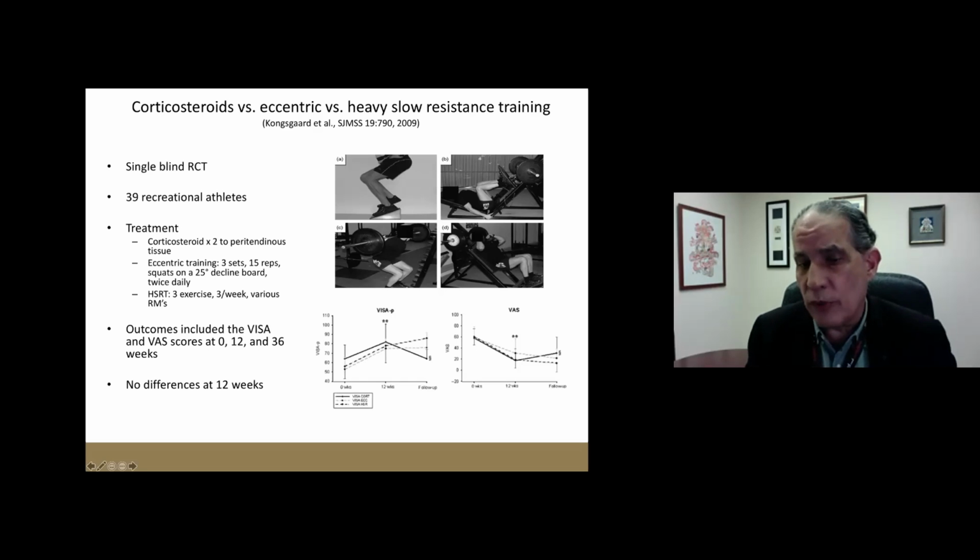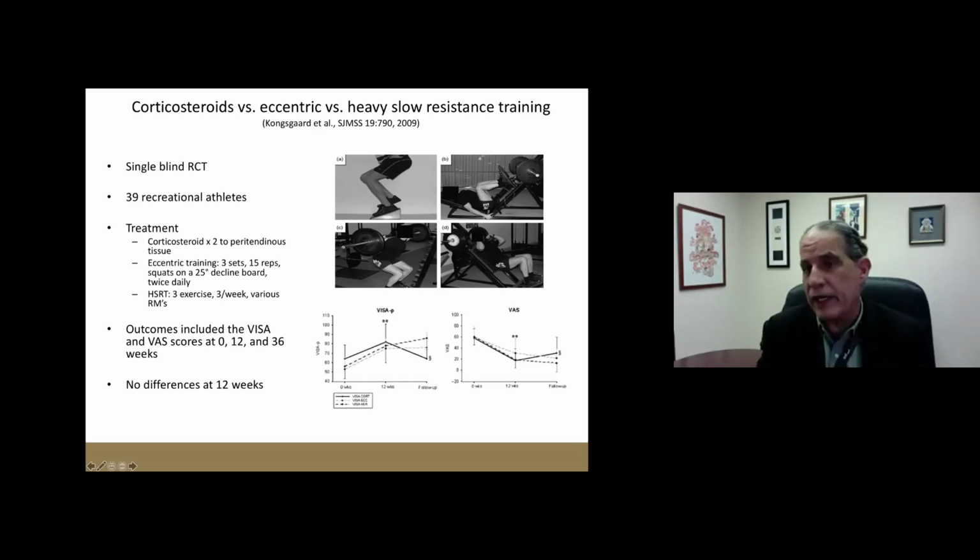Now, I would argue with you that if I can accomplish the same outcome with exercise in terms of pain than corticosteroid injections, I would prefer to do the exercise. And the reason is that the exercise not only reduces the pain, but also increases collagen synthesis, something that the corticosteroids will not do. So you do better, much better with the exercise.